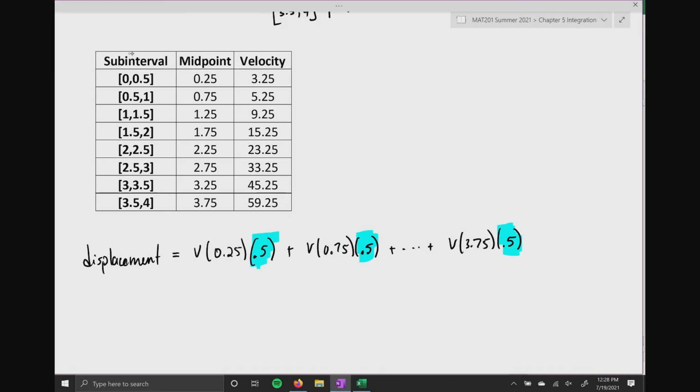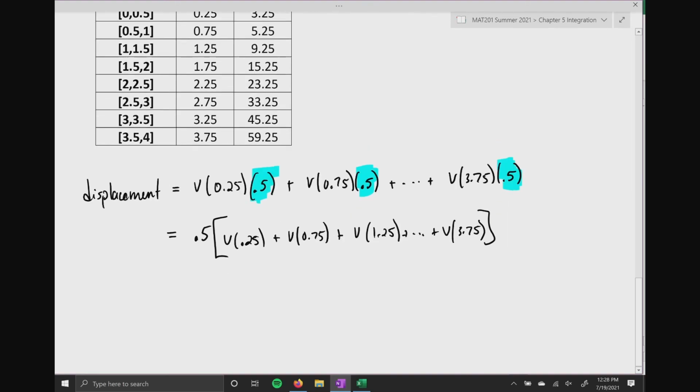So if I were just to take 0.5 and factor it out, then all I have to do is just add up all the velocities all the way up to and including the very last velocity. Just add them all up and just multiply all that by 0.5.